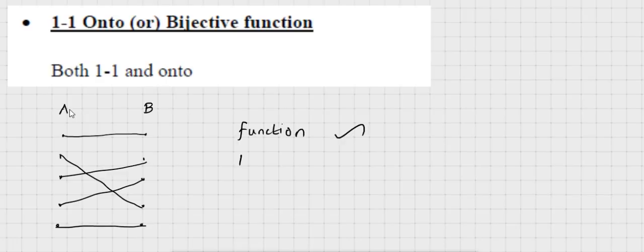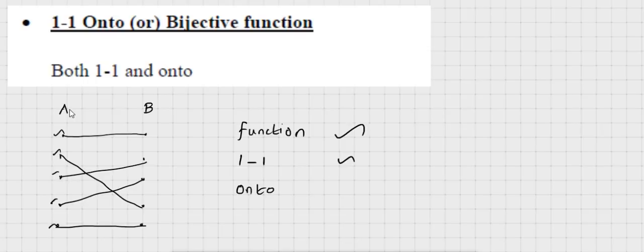Now one-to-one function means another condition is imposed. What is that? Do you see any two different inputs here having the same output? No, right? Two different inputs have two different outputs only. So one-to-one function is also satisfied.